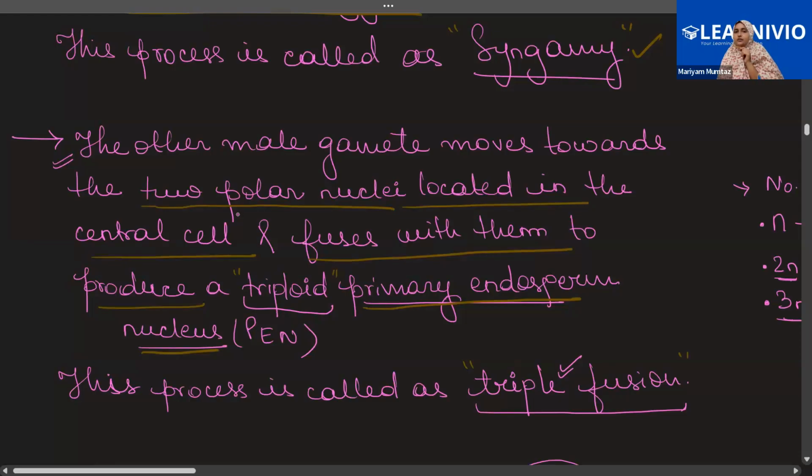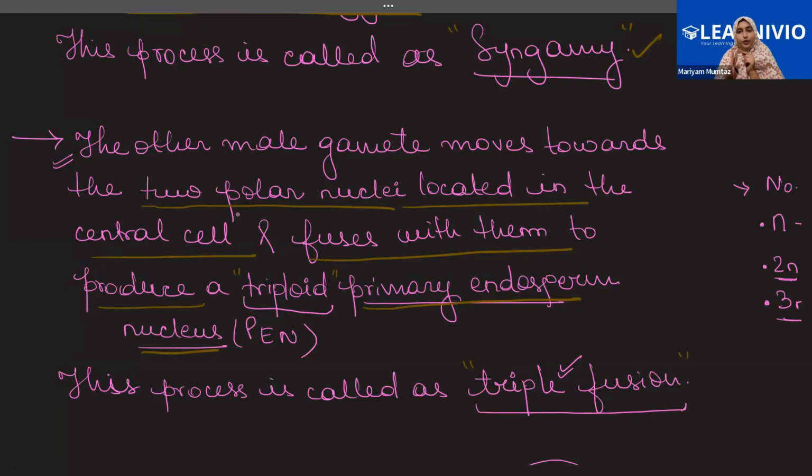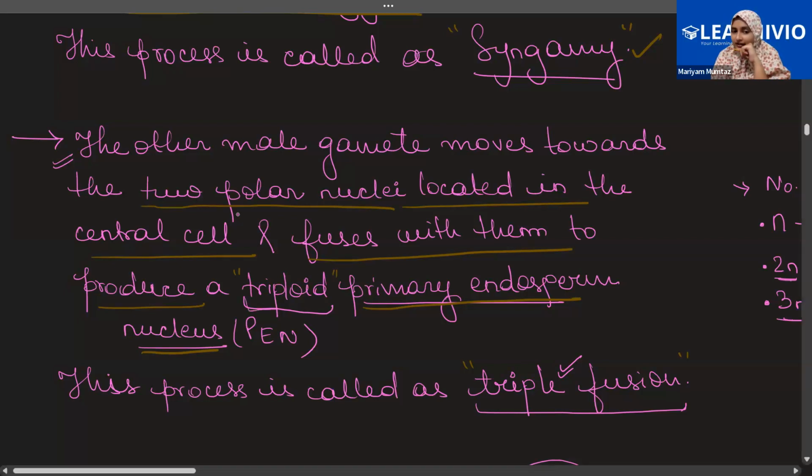Now see this. The other male gamete moves towards the two polar nuclei. Remember where the polar nuclei are? It will move towards the two polar nuclei and fuse with them to form the primary endosperm nucleus. And that primary endosperm nucleus is triploid.